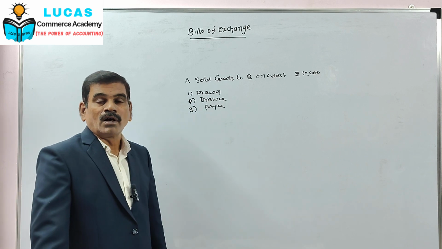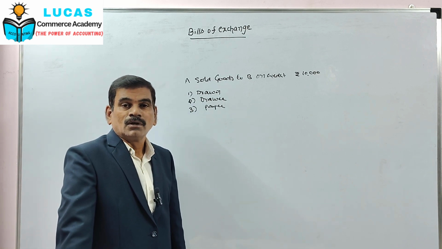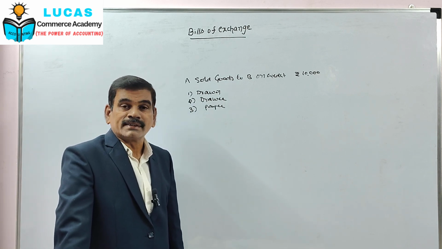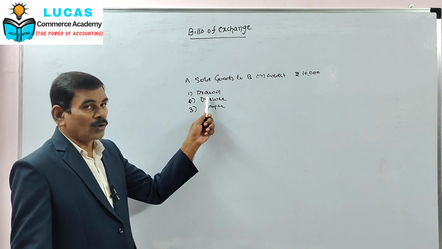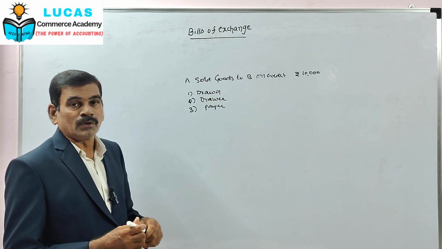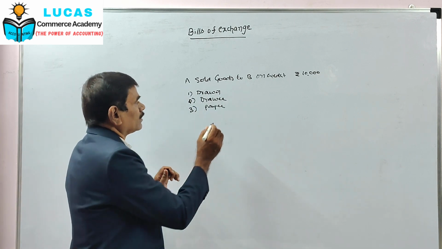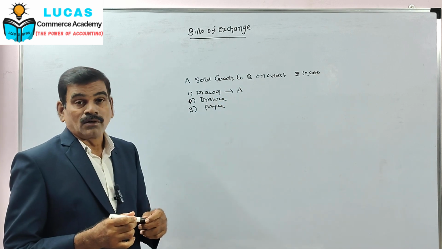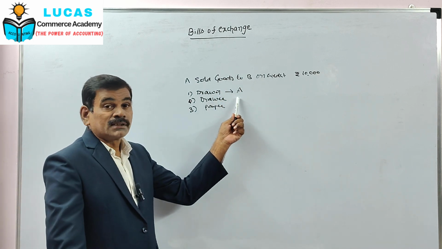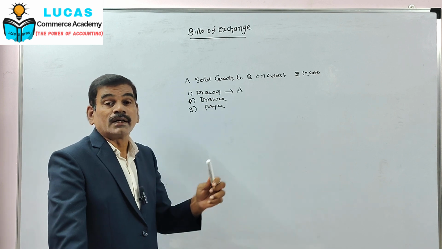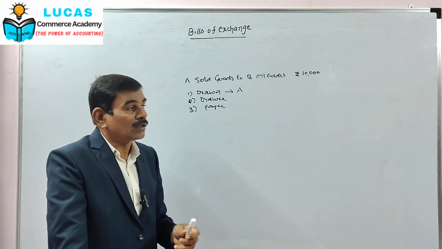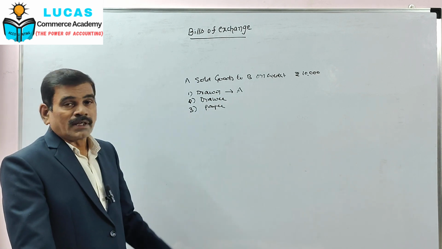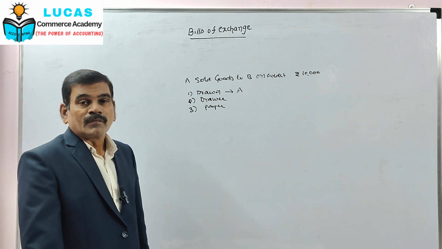Drawer means the person who makes the bill. In this example, A is the drawer. He is the seller of the goods or creditor. Next, second one, drawee.